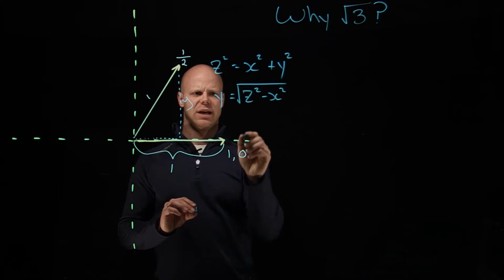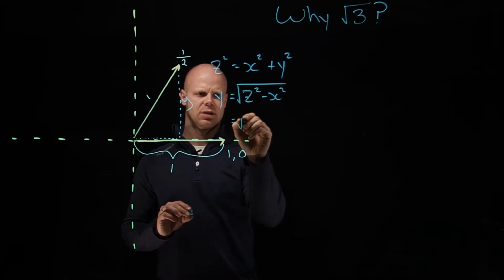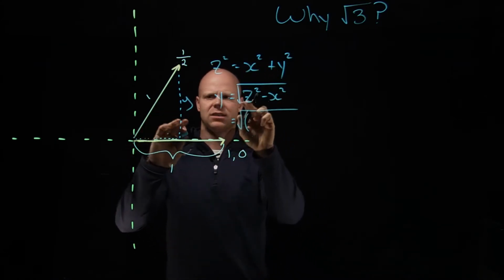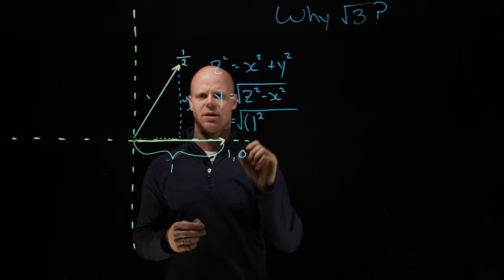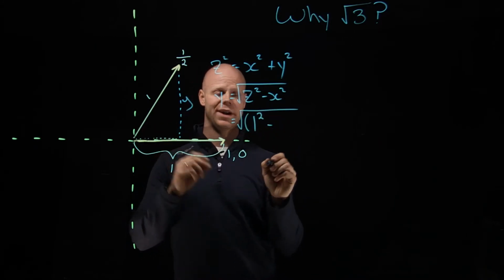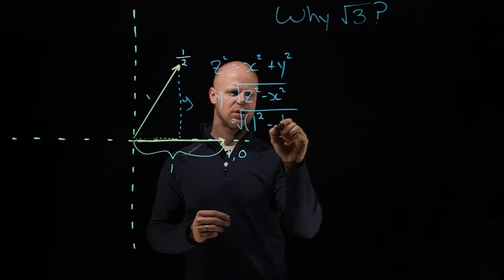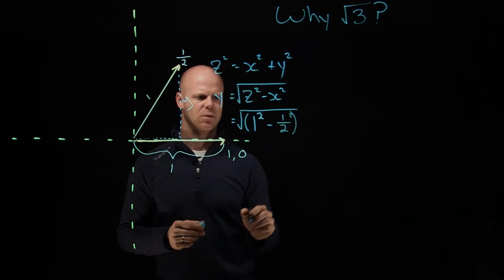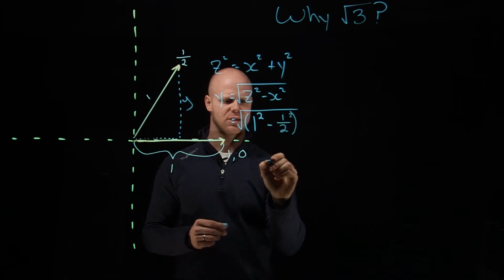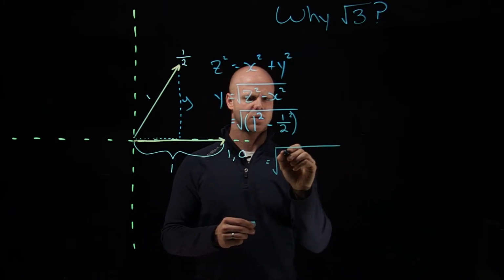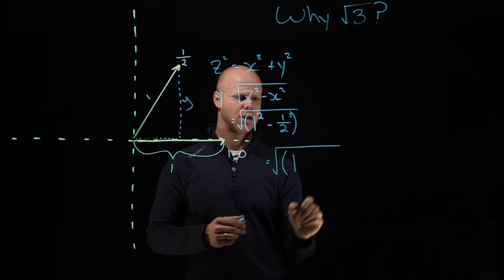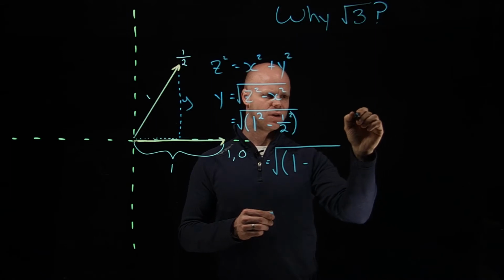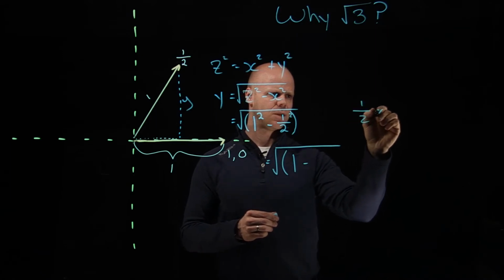So what we have now is the square root, and I like to put this in brackets for my own sake. I have z squared, which is my hypotenuse, which is 1 squared, minus 1/2 squared. To keep progressing, 1 squared is 1, minus, now 1/2 squared is the equivalent of 1/2 times 1/2.